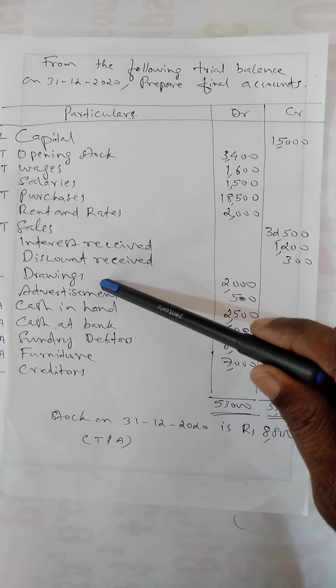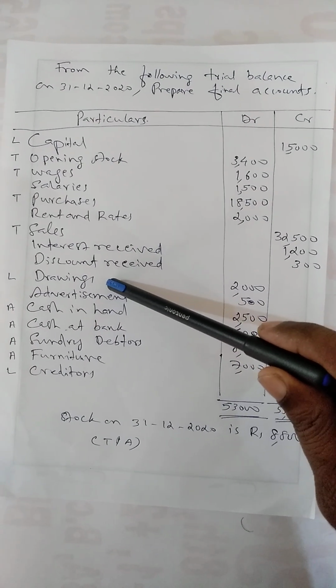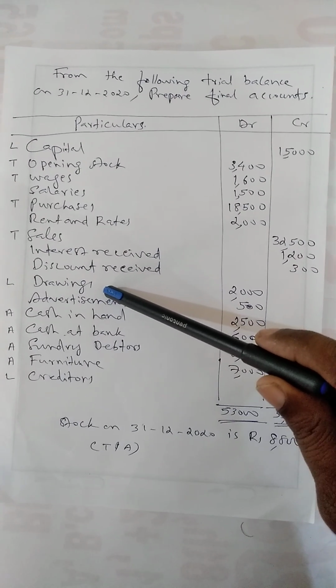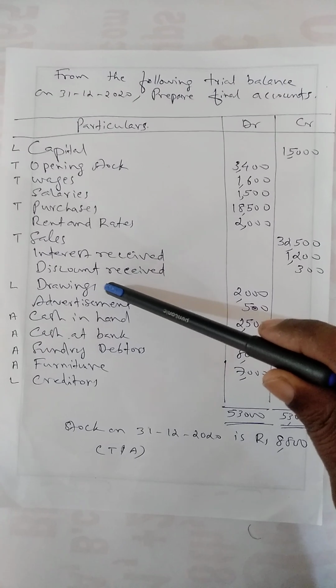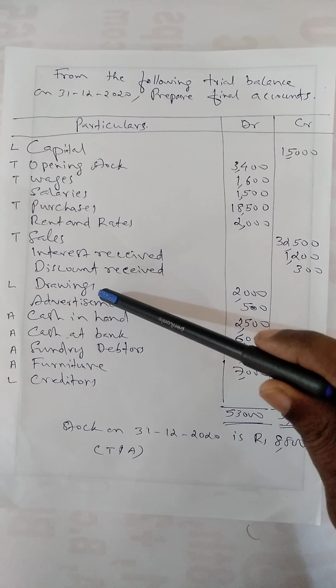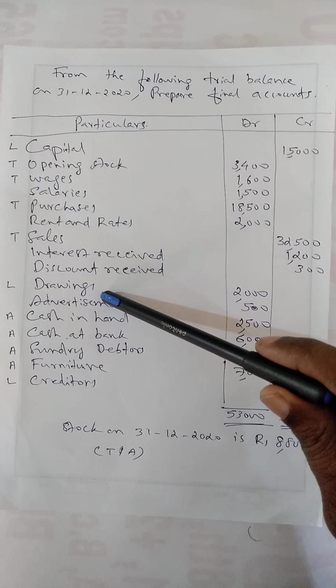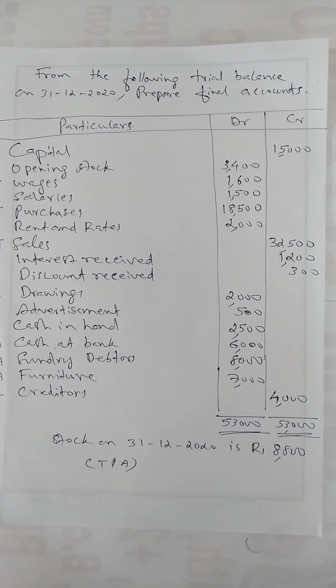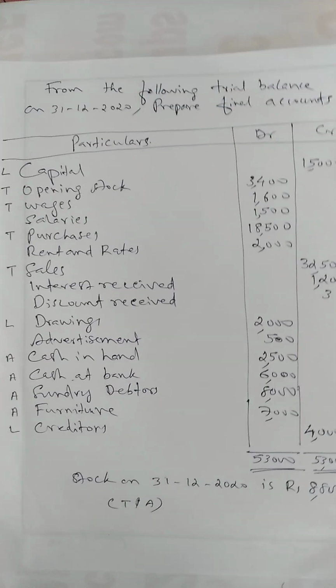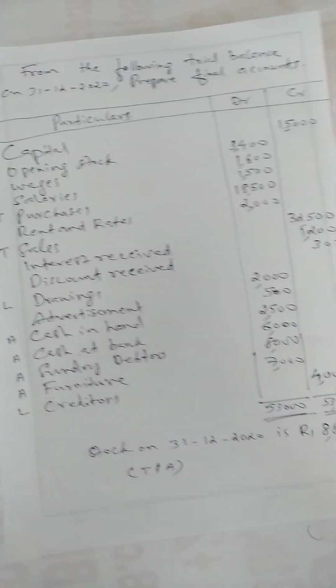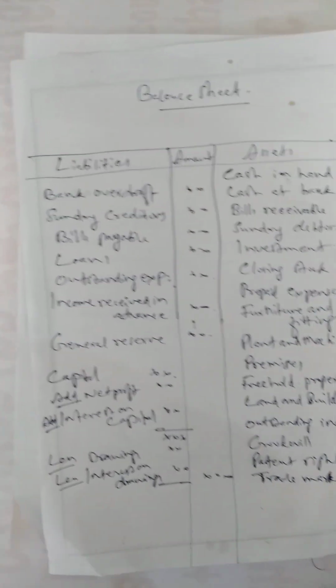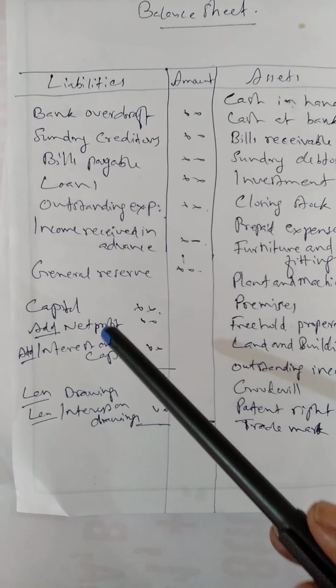Okay. Then drawings. Drawings is actually shown on the liability side, isn't it? But actually we are deducting drawings from the liability side, from capital. I think you remember the format of the balance sheet. I already gave you a format of the balance sheet.